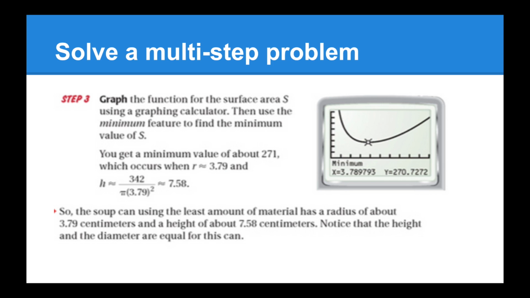What we can find is that the can using the least amount of material would have a radius of about 3.72 centimeters, because that's the minimum value. And then it gets a height of about 7.58 centimeters following the function right over there. So the height and the diameter would be about equal for this can.